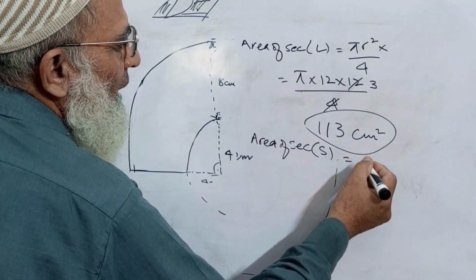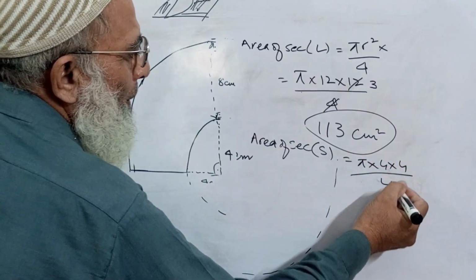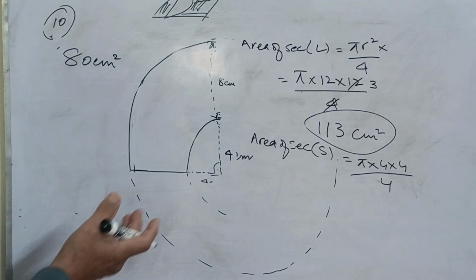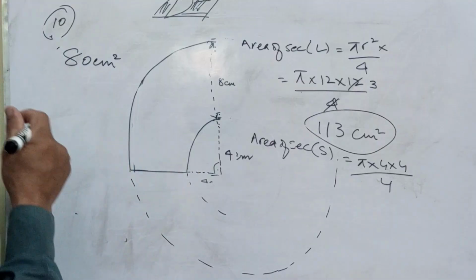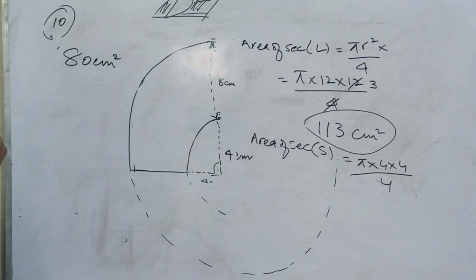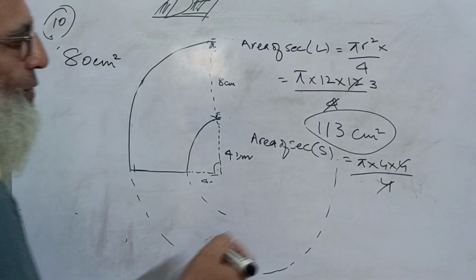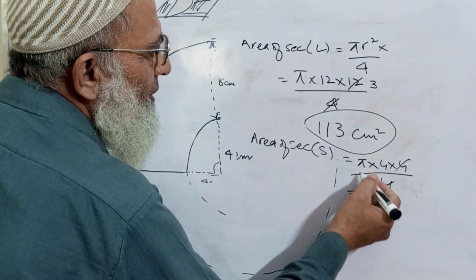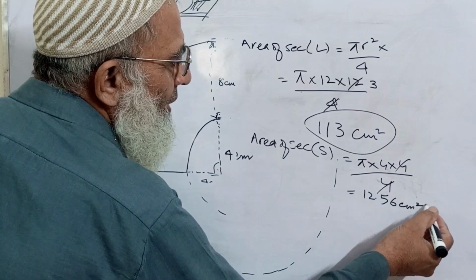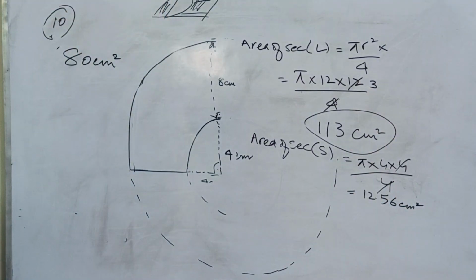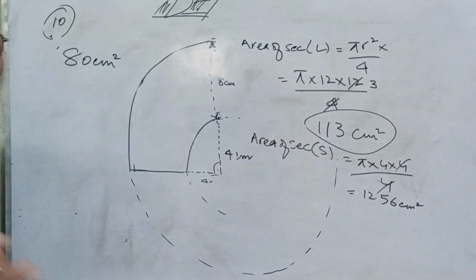The formula is the same, pi into 4 into 4 divided by 4, because this is the 1/4 rule. So it will become 12.56 centimeter square.